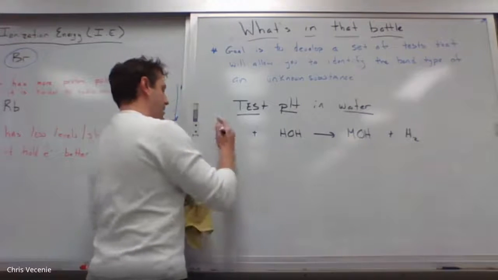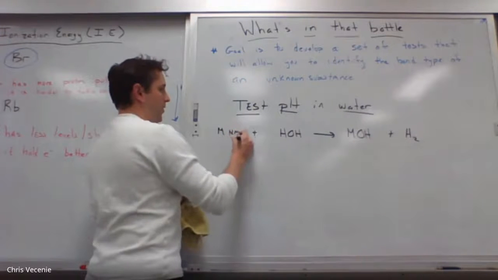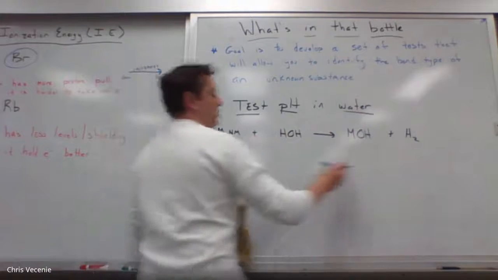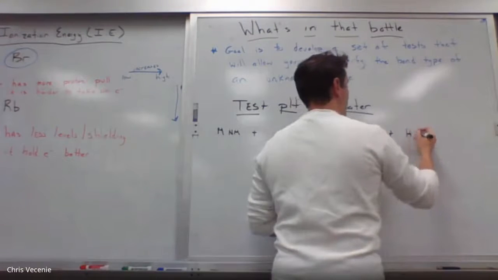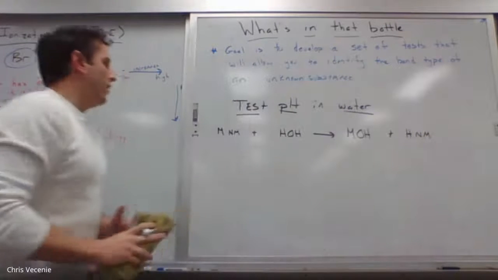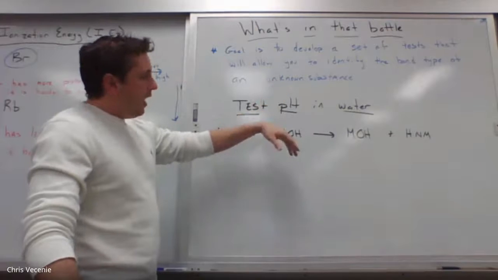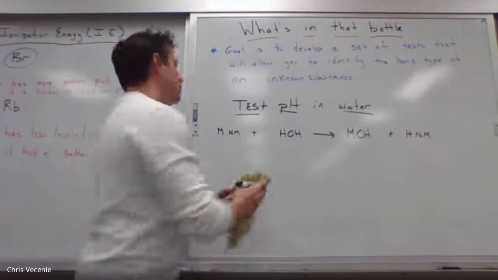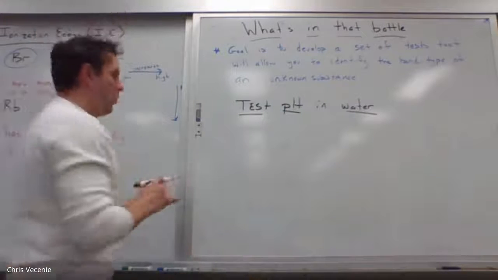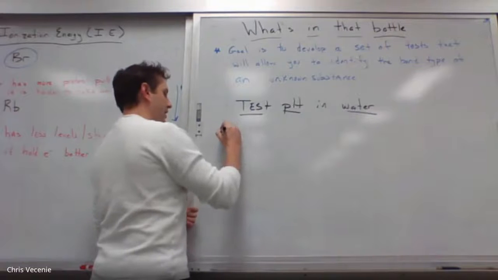All right, if I put an ionic in there, a metal with a non-metal, I would get a metal hydroxide, and I would get hydrogen with a non-metal. All right, so then if I do this, I would form an acid and a base. So we'd have to see some pH changes there. All right, so the quick way to know what this is, is as follows.